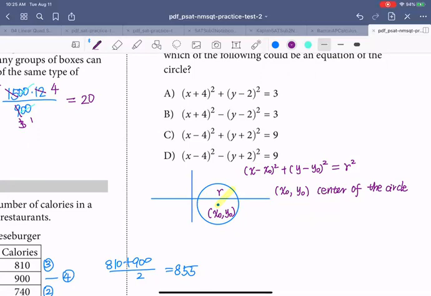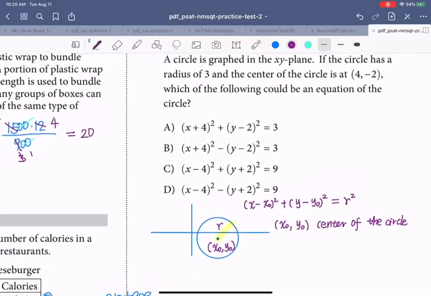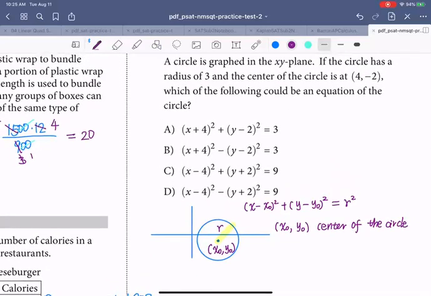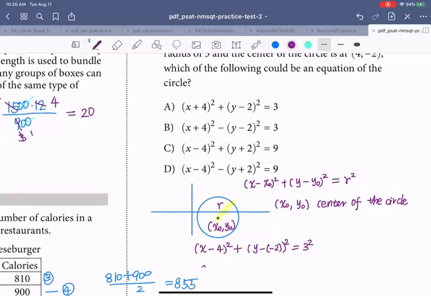r is the radius of the circle. So based on the condition given to you, you can have x minus 4 squared plus y minus y0, which is -2, so y plus 2, squared equals 3 squared.